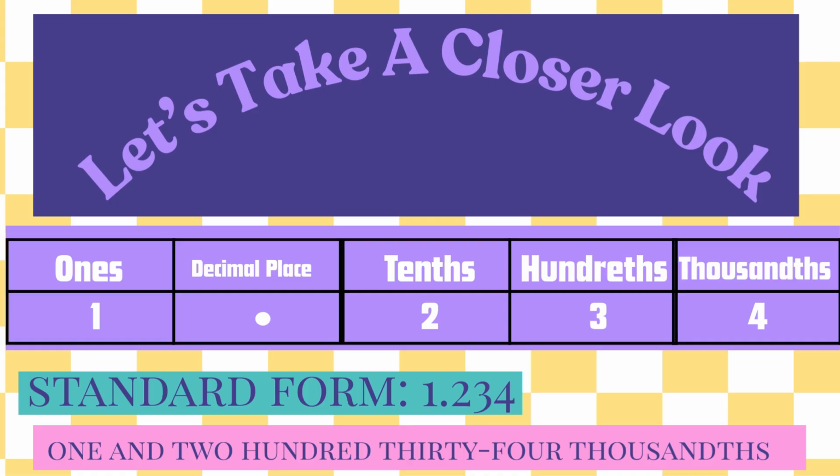We start with the ones place, which comes first. Then we have our decimal point. Reminder, for the decimal point, we always say the word "and." Then we move to the tenths, hundredths, and thousandths place. The tenths, hundredths, and thousandths are the first 3 positions after the decimal point.